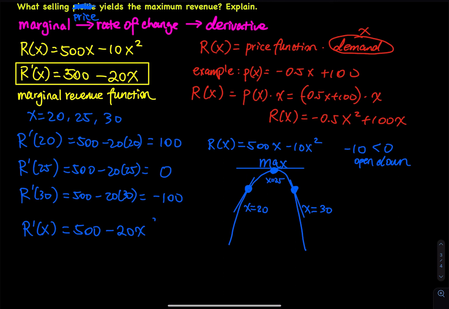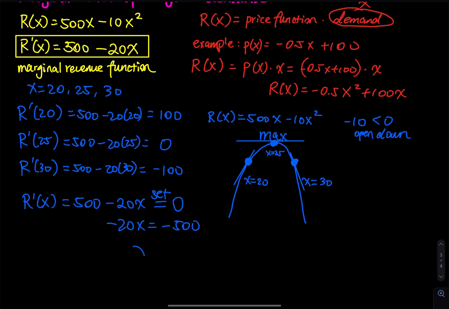That means you set the slope function equal to 0, and then you solve for x. So you have negative 20x equals negative 500, subtracting 500 on both sides, and once you divide both sides by negative 20, you get x equals 25. So that means R has a maximum when x equals 25.